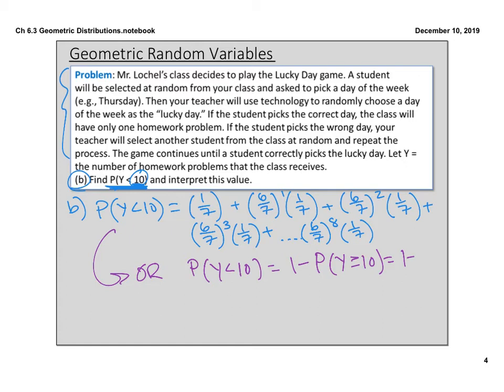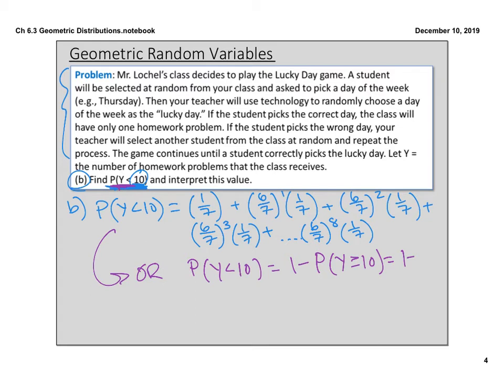If you get 9 failures, that means you had no successes in your first 9 attempts. That's what we're really looking at. So if you had 9 failures altogether in your first 9 attempts, and you take 1 minus that, that's the probability of getting at least 1 success.